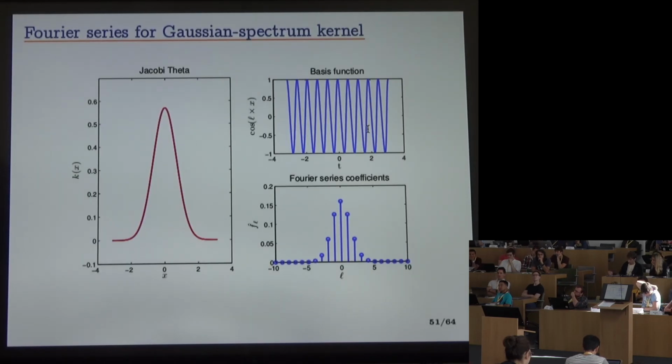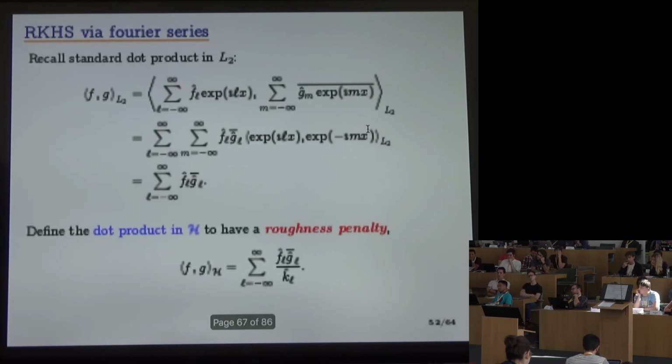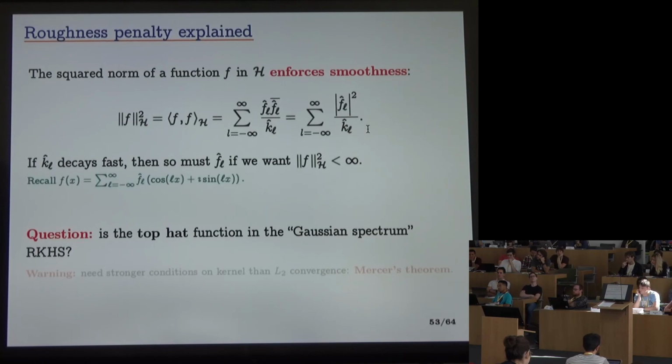These are decaying very fast for the exponentiated quadratic kernel, or for the Jacobi theta kernel in this case. If these k hats are decaying very fast, that means 1 divided by k hat must be growing very fast. If 1 divided by k hat is growing very fast, and I still want this sum to converge, then these f hat l's had better be decaying very fast. They had better be decaying even faster than k hat l, because if they don't, my sum is going to diverge.